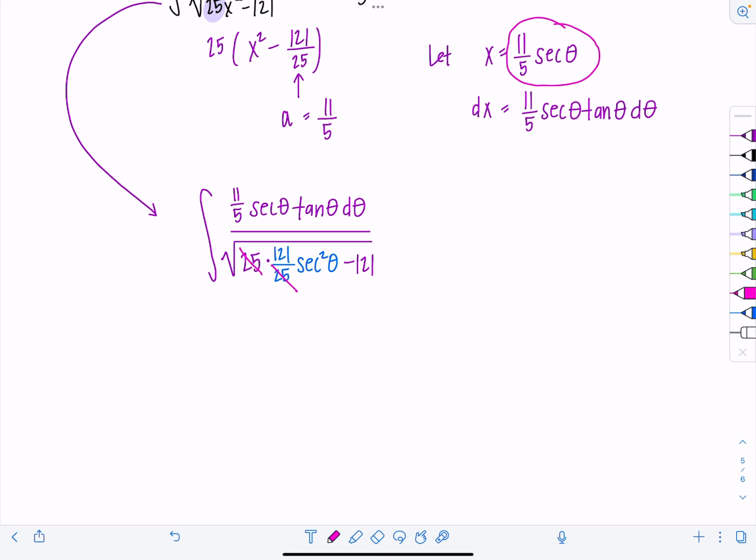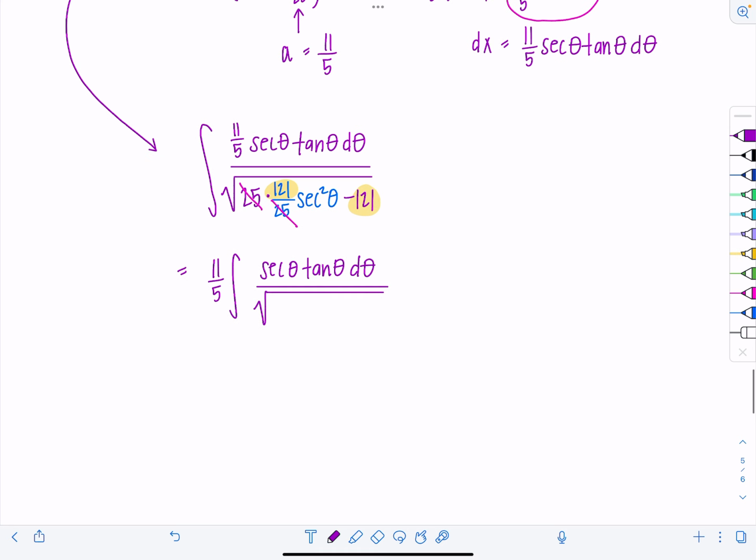And then let's go ahead, take that 11 over 5 outside so it harasses us no longer. And then we've got secant theta, tan theta, d theta over radical. Are you guys good if I just take the 121 out now? That's what you're going to do every single time you factor out that constant.